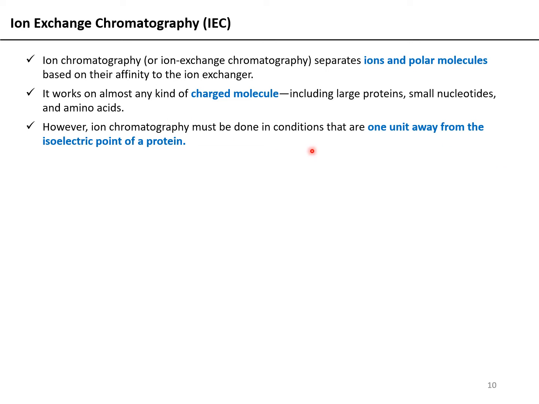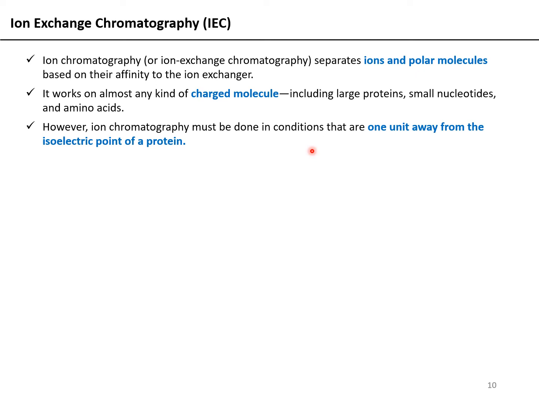Why? So if you remember our previous discussions where we talked about a Zwitter ion and an isoelectric point, so isoelectric point or Pi is that pH at which a protein is in its Zwitter ionic state, and a Zwitter ionic state protein has equal number of negative and positive charges.